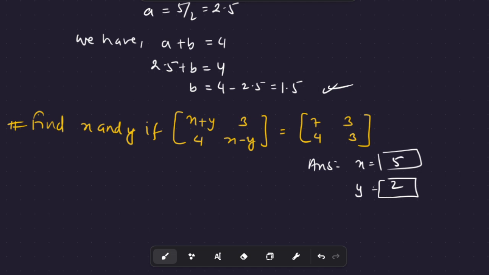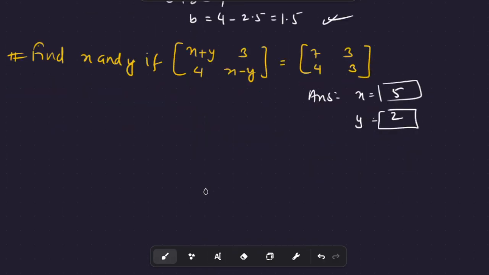Okay. Anusri and Agyasri, you are doing, or you got your answers? Yes, sir. How much is your answer? 5 and 2. Okay. If so, then x plus y equals 7. It is the first equation. x minus y equals 3. It is the second equation.